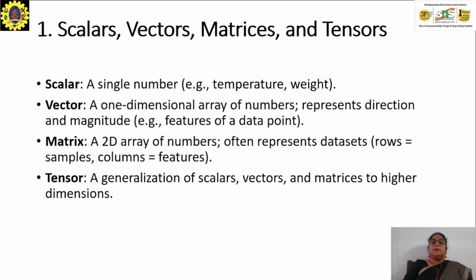A scalar has only magnitude, and a vector has both magnitude and direction. A matrix is a 2D array of numbers, often representing rows and columns as features. A tensor is a generalization of scalars, vectors and matrices in high dimensional representation.